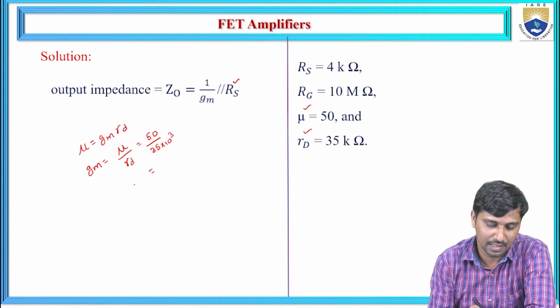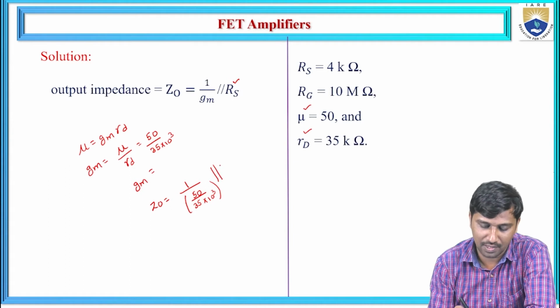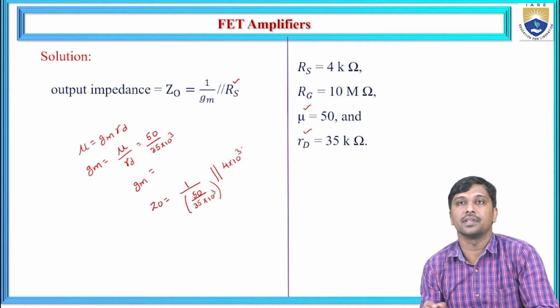Then it gives the transconductance. Hence Zo is 1 by gm, where gm is 50 by 35 into 10 power 3, in parallel combination with Rs, that is 4 into 10 power 3.